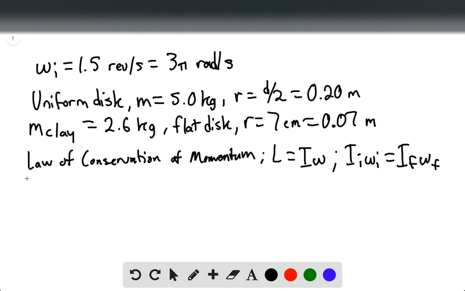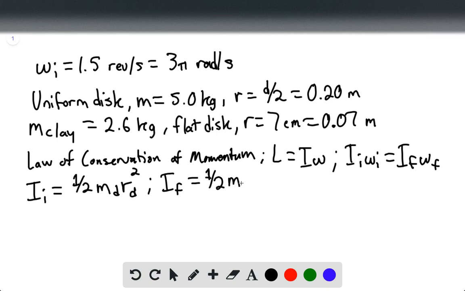So we can say that I initial equals 1 over 2 mass of the disk, or the wheel itself, times radius of the disk squared. And I final will simply be the same thing, mass of the disk, radius of the disk squared, but plus 1 over 2 mass of the clay, radius of the clay squared.